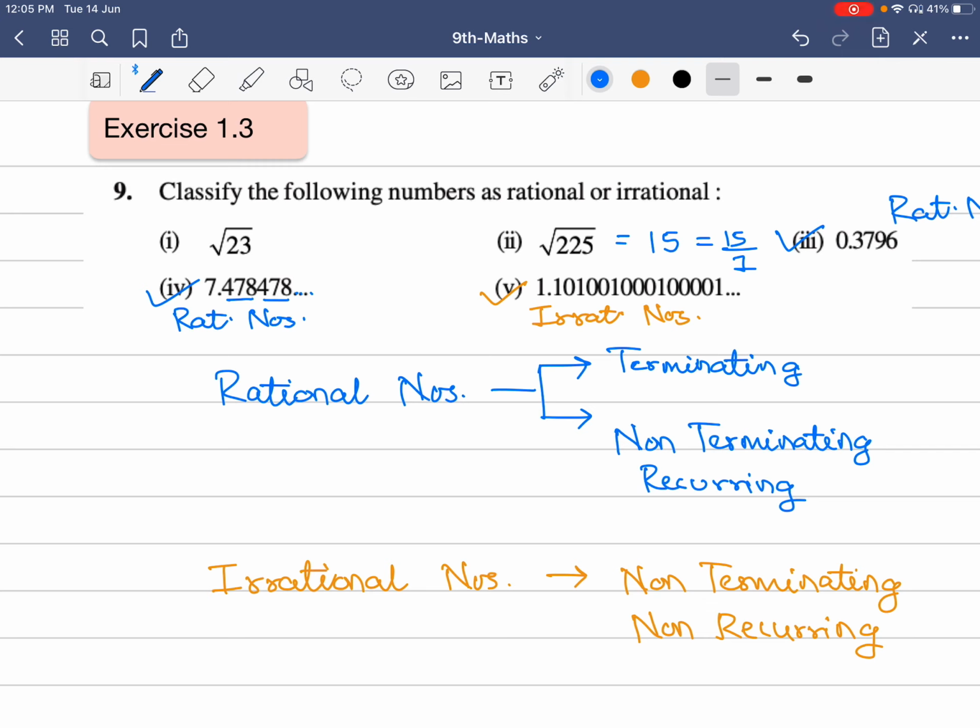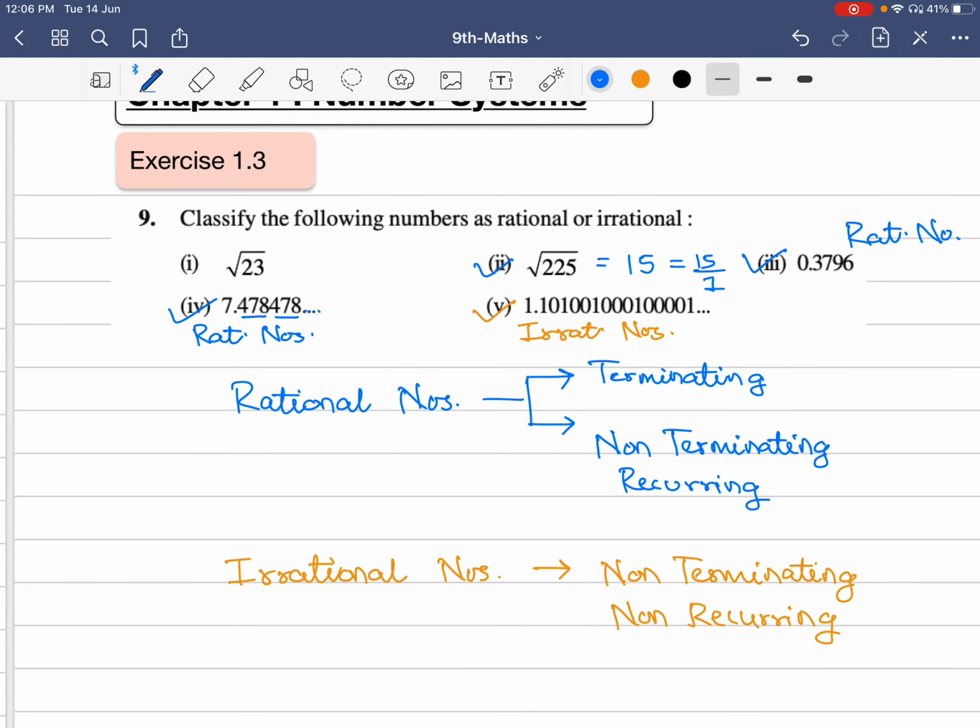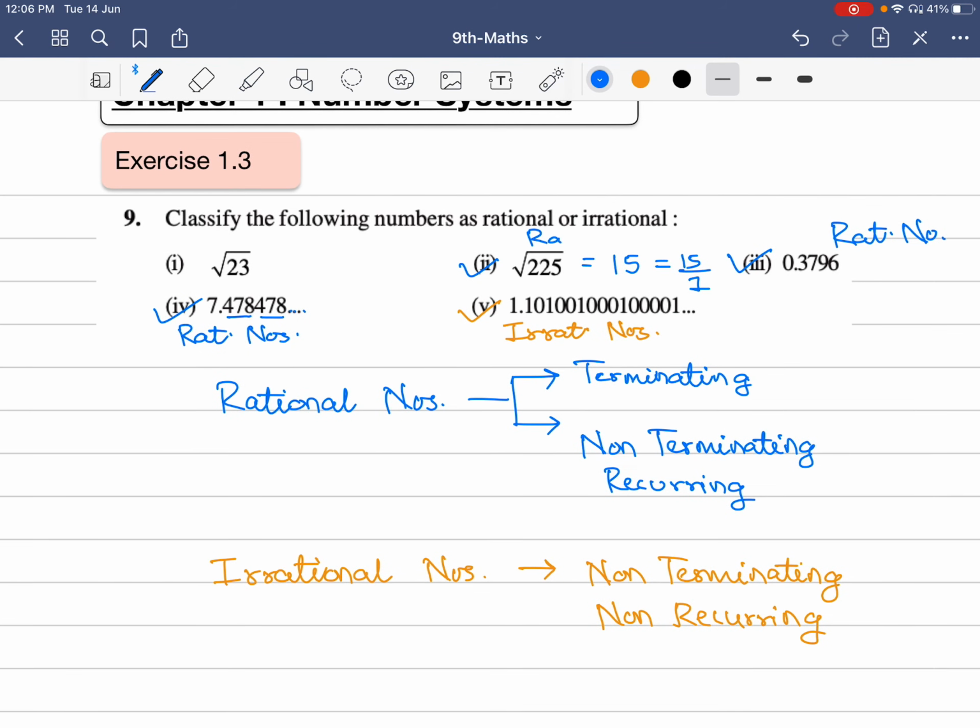Since it can be represented in the form p by q, this is a valid rational number. This is because the square root of 225 is perfect, whereas the square root of 23 is not a perfect number. We'll come to this later. But for the square root of 225, we have a perfect square root, which is 15, and thus it is a rational number. So I'm going to label it as a rational number. The second one is also done.